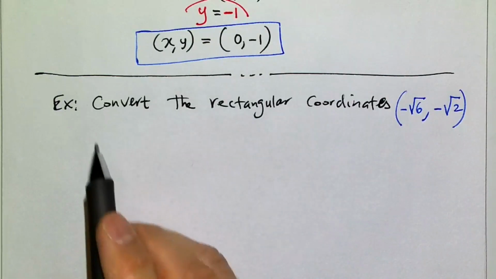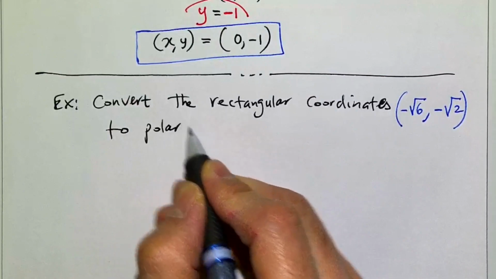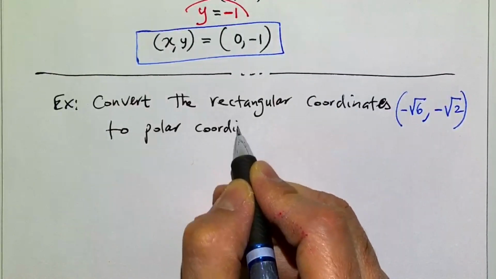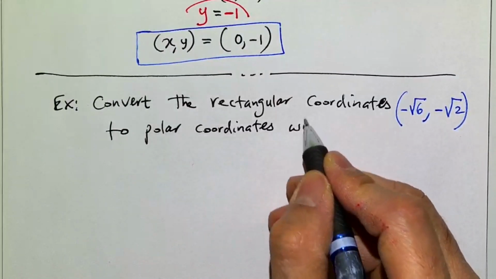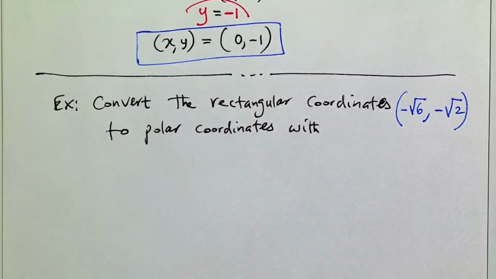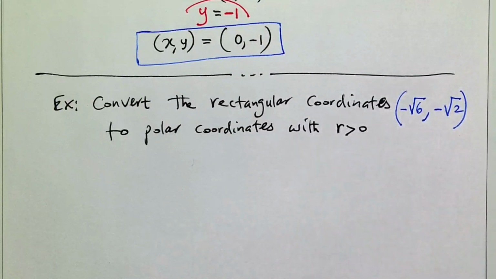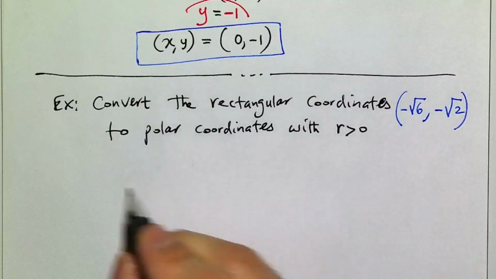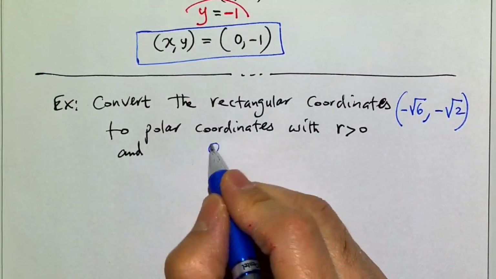So convert that to polar coordinates with r greater than 0 and theta.